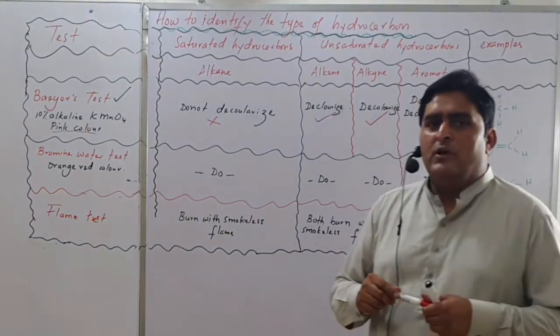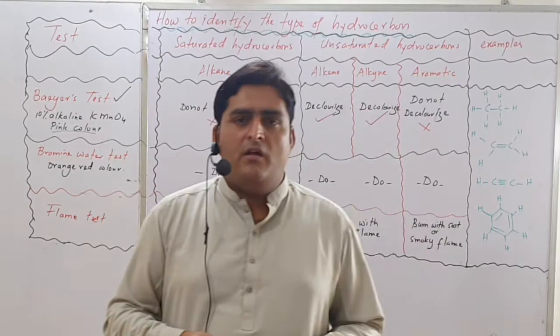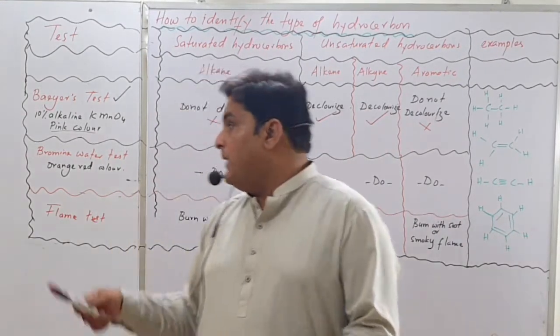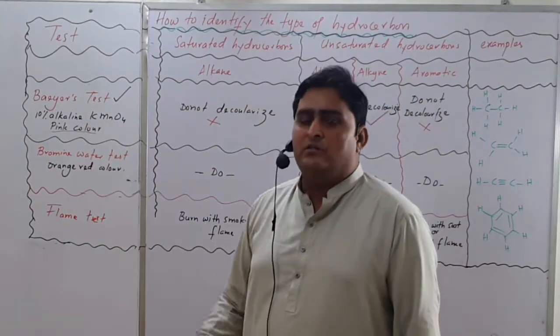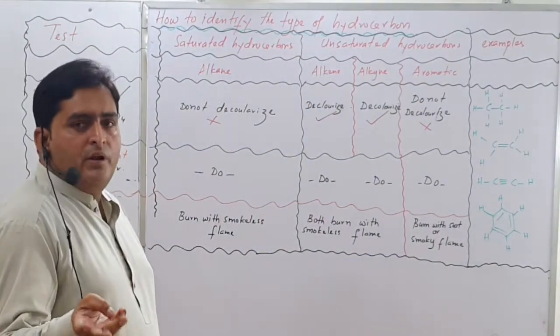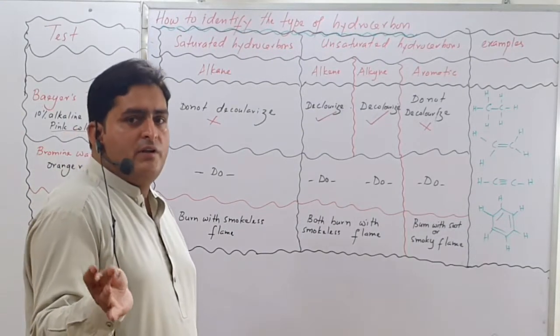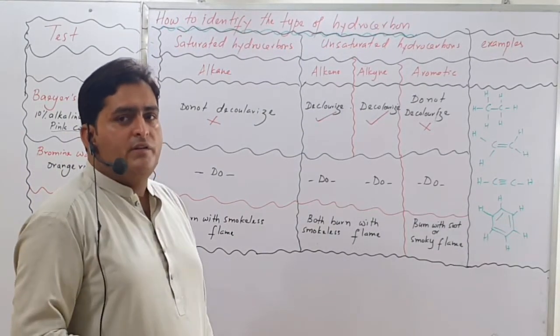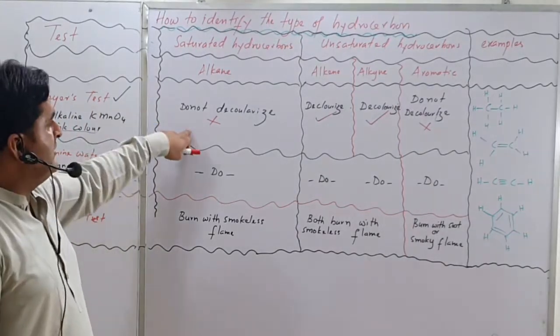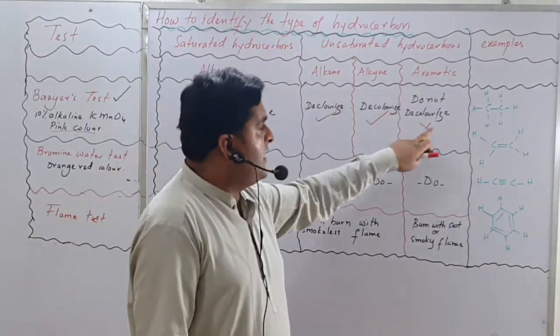So from this we can identify whether we are having a saturated compound or an unsaturated compound through Bayer's reagent or Bayer's test. If we had four compounds, one alkane, one alkene, one alkyne, and the fourth an aromatic compound, then through this test two compounds will be filtered: one is alkane and the other is aromatic.